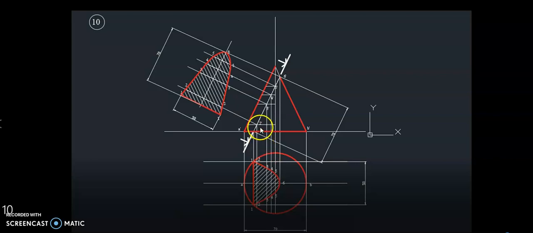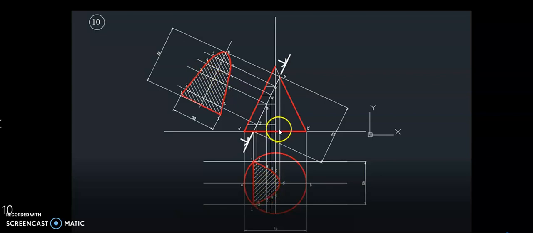Now when you project from 2 dash, it's a perpendicular from the cutting plane. From the axis you take this distance on either side, so that you are getting 2 and 2. Similarly from 3 dash, you project a perpendicular. From the axis you take this distance and this distance, and you are getting 3 and 3.